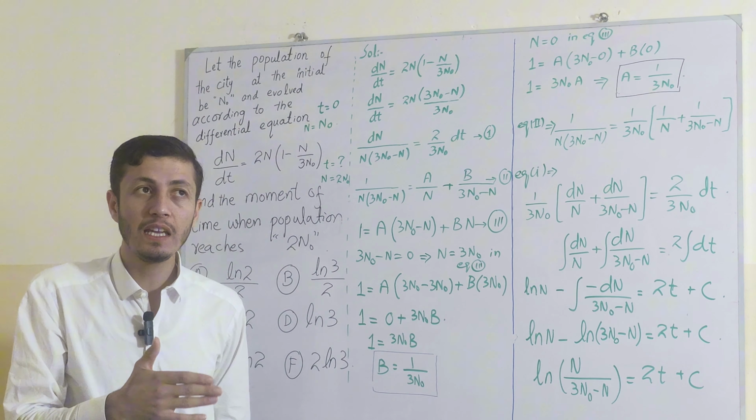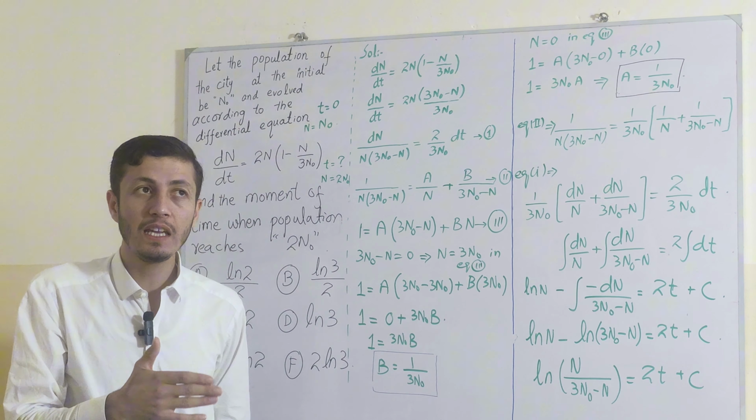Then a times (3n naught − 3n naught) becomes 0, and the other term gives us 3 times n naught times b. Now 1 is equal to 3 times n naught times b, and the value of b here is 1 divided by 3 times n naught.